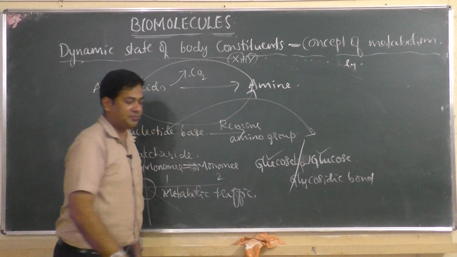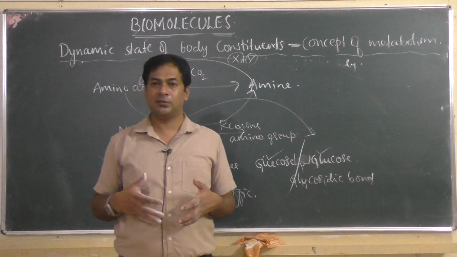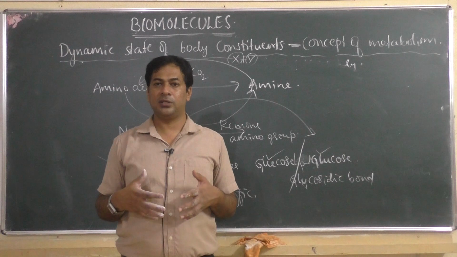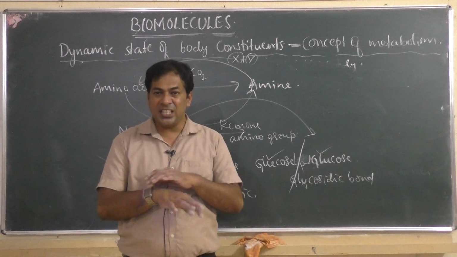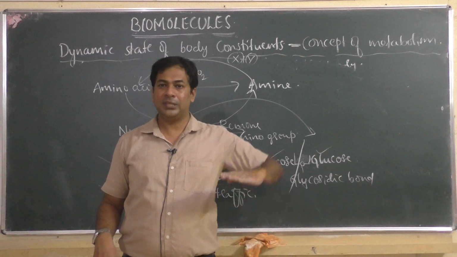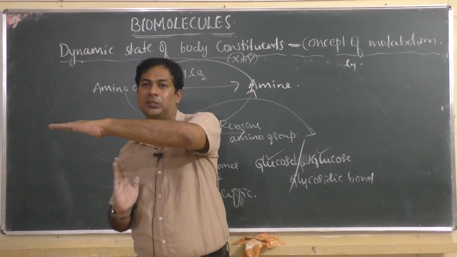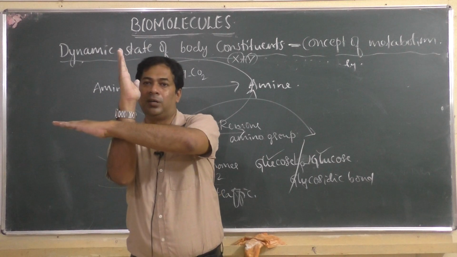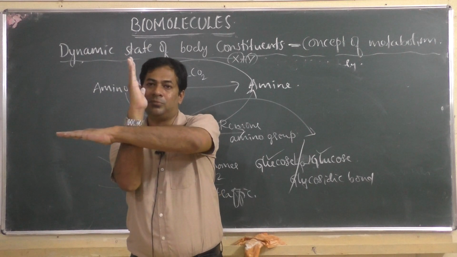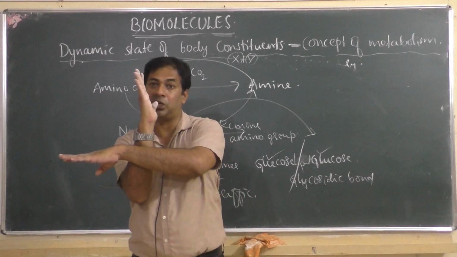In simple terms, thousands of biomolecules continuously change from one another, and it is happening continuously. Like you think here one biomolecule is changed to another biomolecule, at the same time one biomolecule is changed to another biomolecule, and both of them join at one point, they may produce the same metabolite and become a junction.